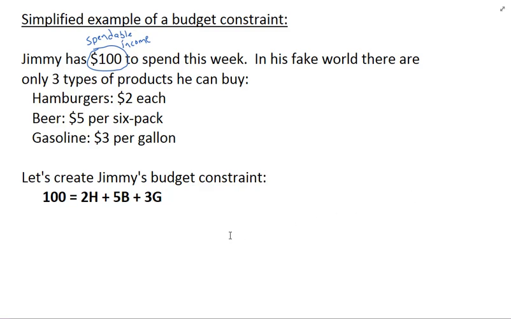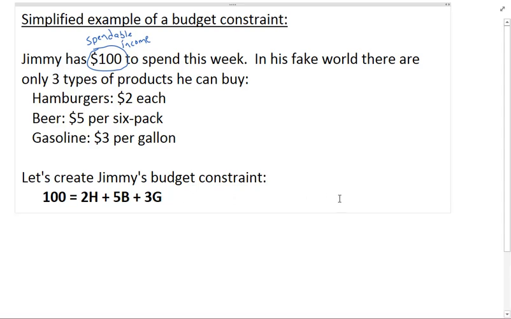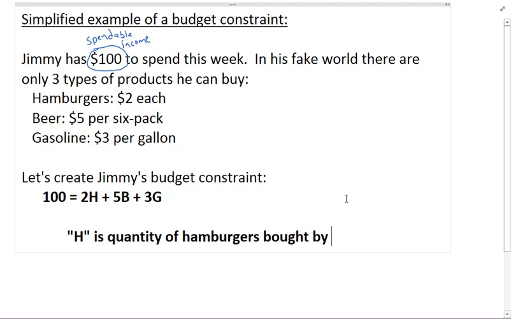Now, when you create an equation, you probably should tell the people reading the equation what the letters mean. So we're going to do that down here. We're going to say H is quantity of hamburgers bought by Jimmy.